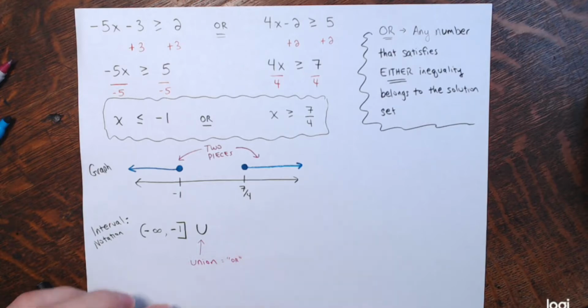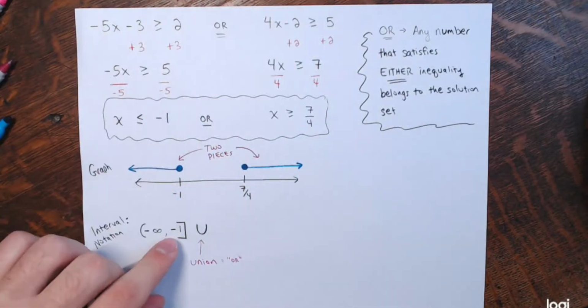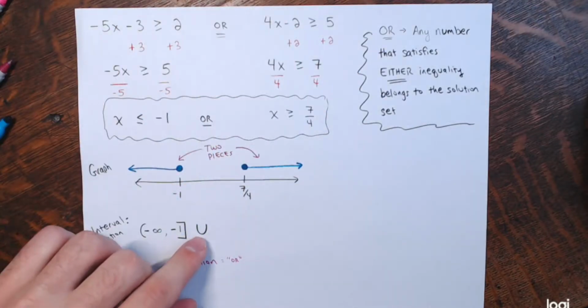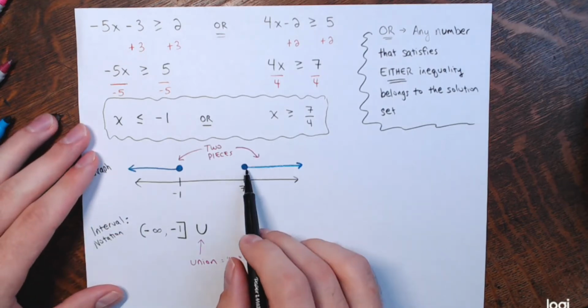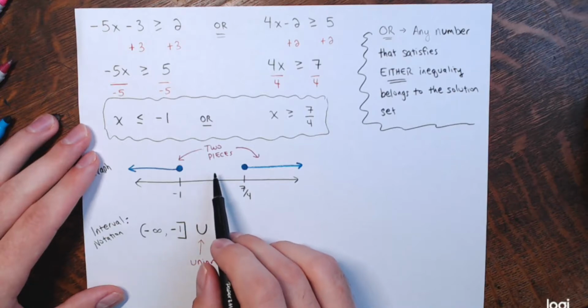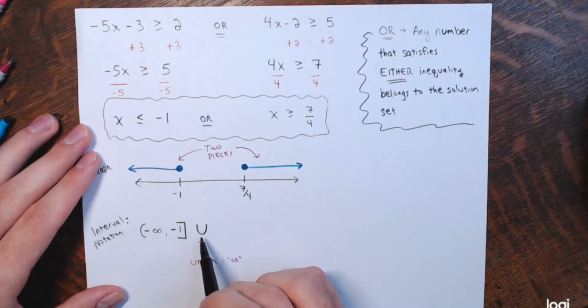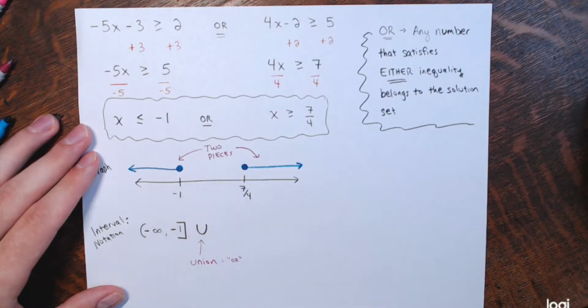So the solutions of this inequality are the numbers less than or equal to -1, or these numbers greater than or equal to 7/4. So now I'm on the separate piece. What I like to tell people is that this union symbol basically represents any gap in the picture.